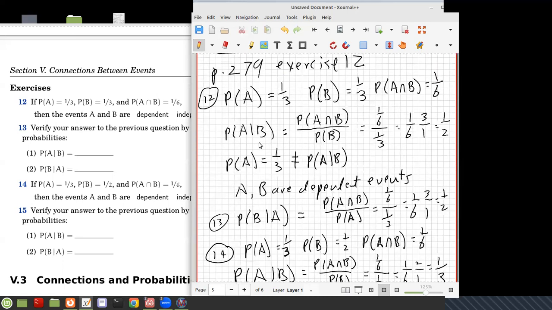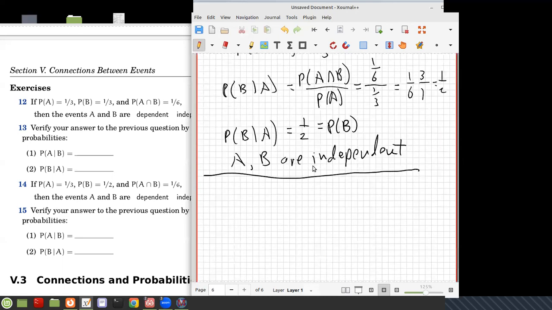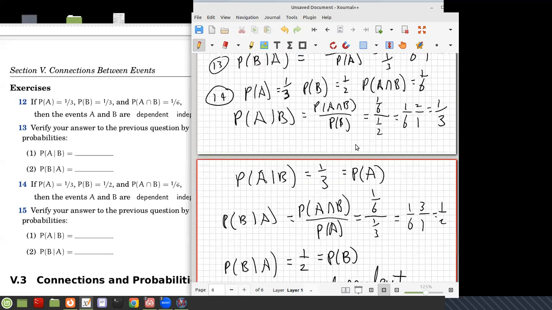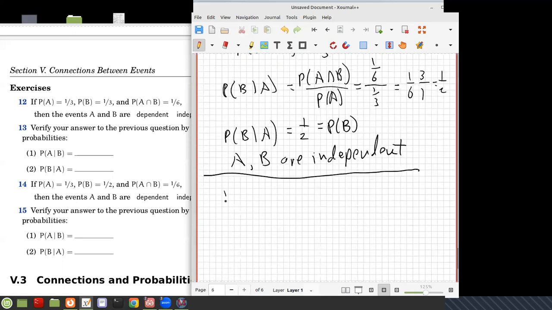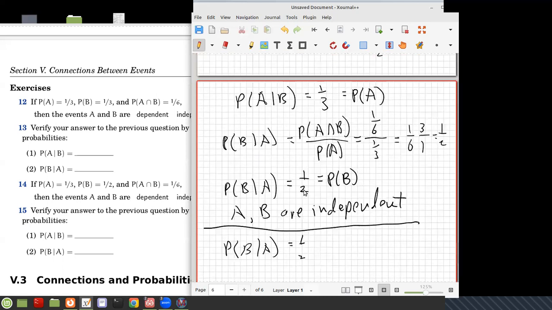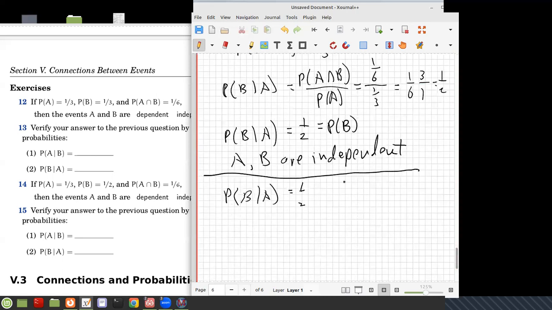So in some sense, that's why this last one sort of works, right? Because here in the denominator you had B, and they were different. So you had 1/6 over 1/2 is 1/3. So you notice that in this particular case, the probability of B given A equals 1/2, but the probability of A given B is equal to 1/3.